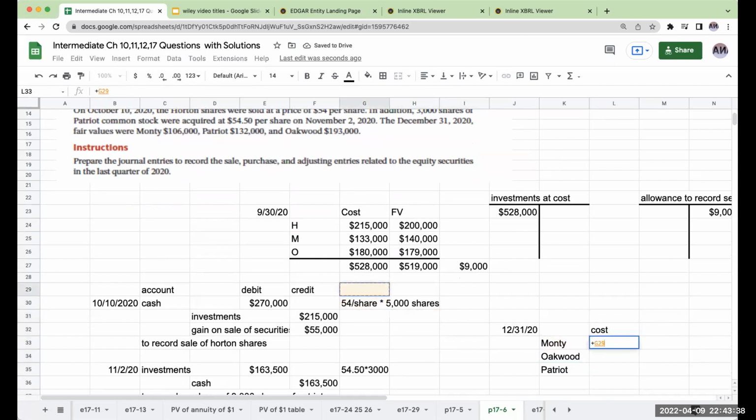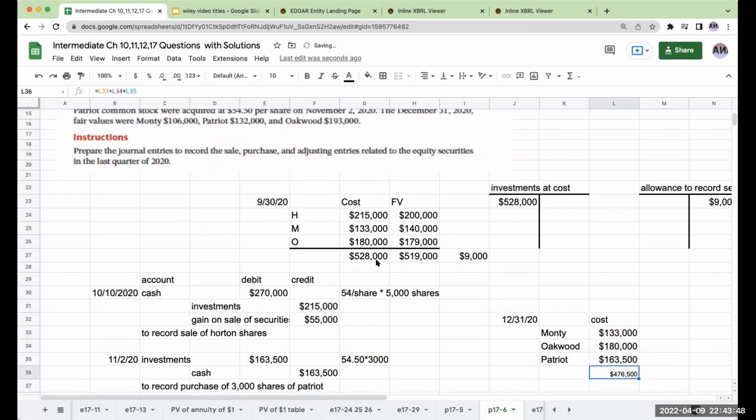This is still going to be 133,000. My cost of Oakwood is going to be 180, and now my cost of Patriot is going to be 163. So my total amount of investments at cost is going to be 476,500.